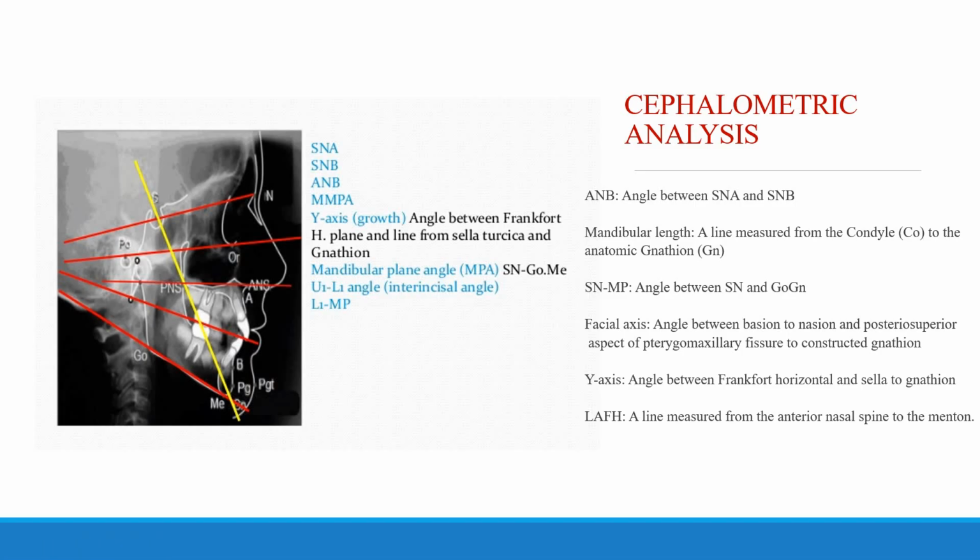Facial axis, the angle between Basion to Basion, and the posterior superior aspect of the pterygomaxillary fissure to construct the gnathion. Y-axis, the angle between Frankfurt horizontal and sella to gnathion. And the line measured from the anterior nasal spine to the menton.